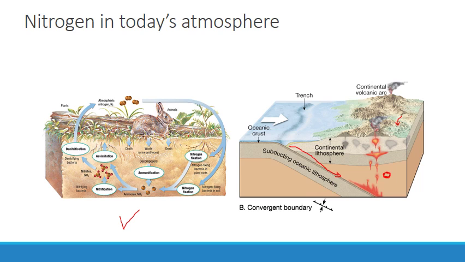Animals, as they die, provide nitrogen to the soil, but they also do it while they're alive through urine and feces. The decomposers will turn that nitrogen into a different state. So we might see ammonia. This isn't the ammonium I was talking about in the atmosphere. This is an NH3.